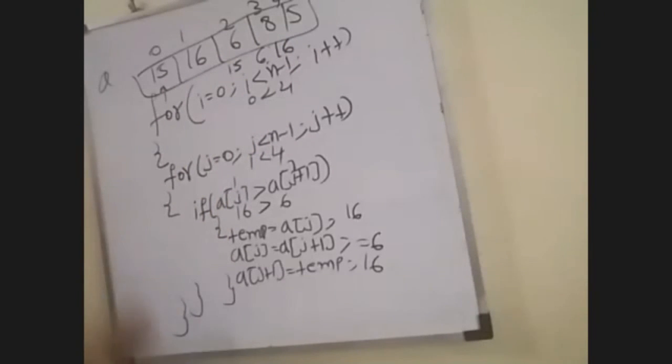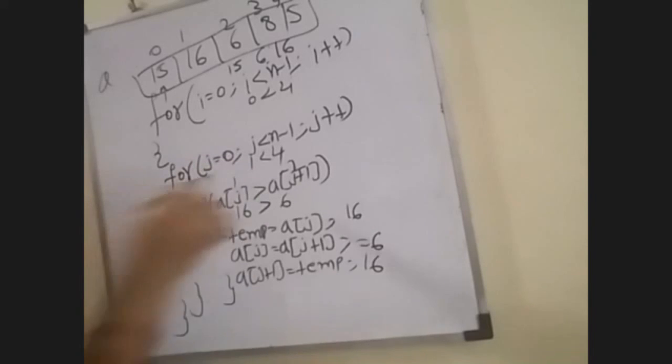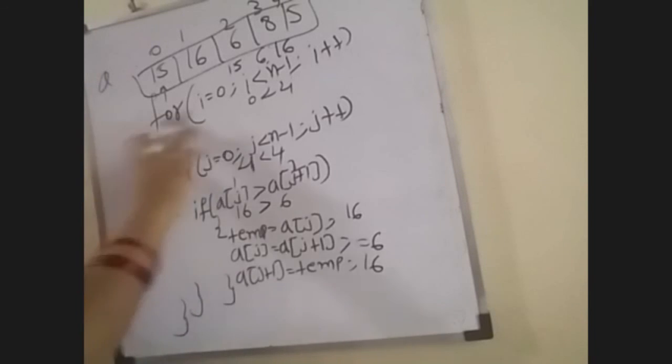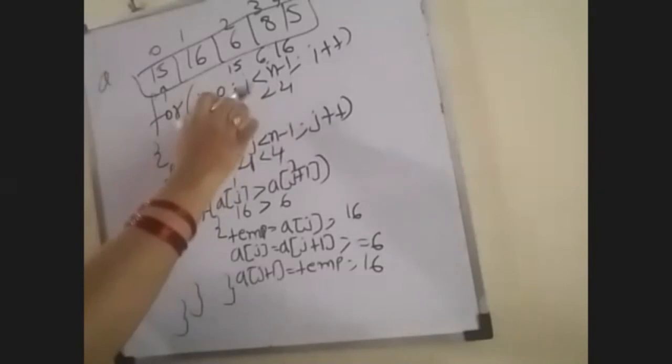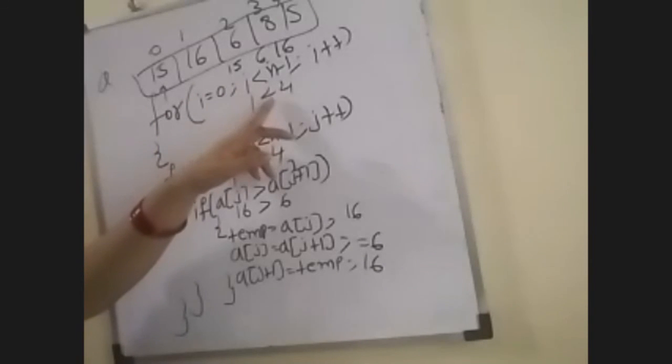So like this, it will perform the comparisons in the first pass. When 4 is less than 4, the condition becomes false, so it will exit from the inner loop, and i will go to the next outer loop iteration. So here the i value becomes 1. 1 is less than 4, condition is true.